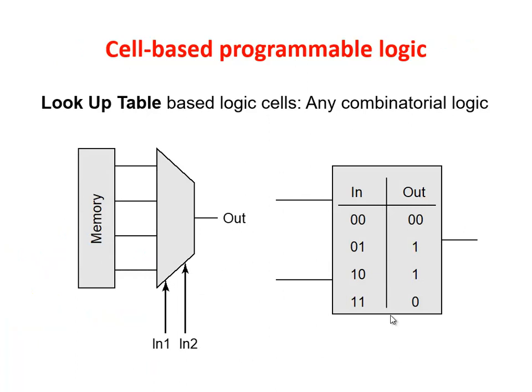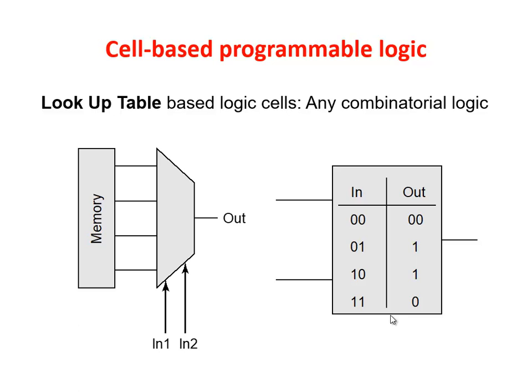Of course, by writing an SRAM, you can also specify a lookup table, so implement any combinatorial logic. For example, if I want to implement this specific logic function, in this example I have 2 inputs and 1 output.